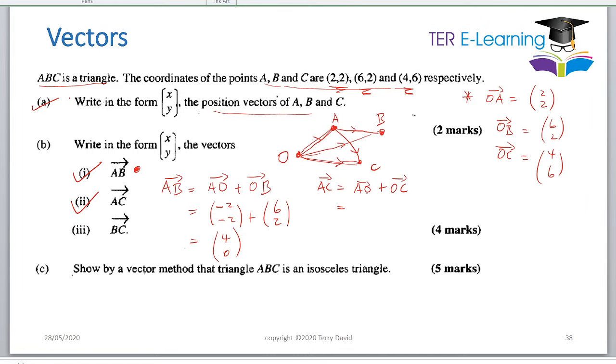AO in this case here, we know what AO is. It's minus 2, minus 2, plus OC, which is 4, 6. Right? Minus 2 plus 4 gives me 2, and minus 2 plus 6 gives me 4. So the answer is 2, 4.